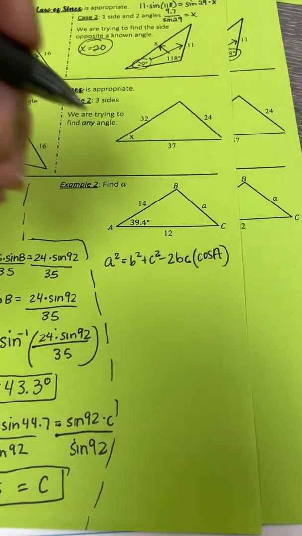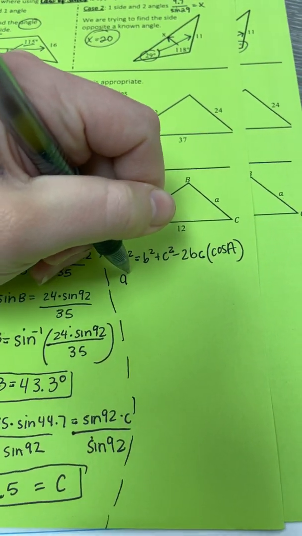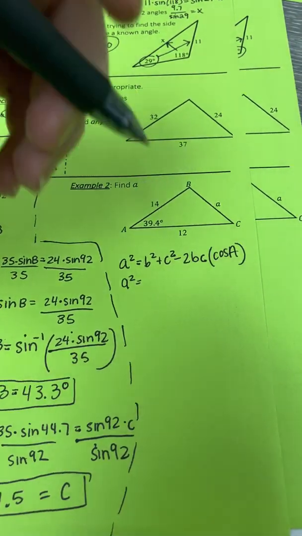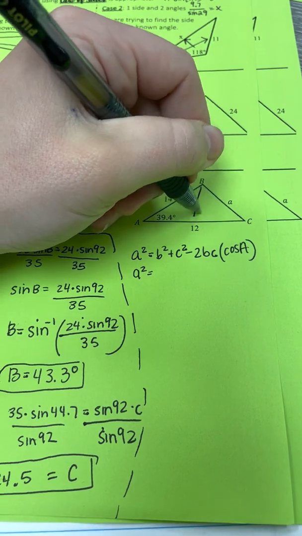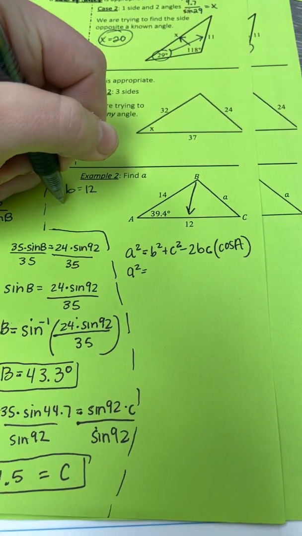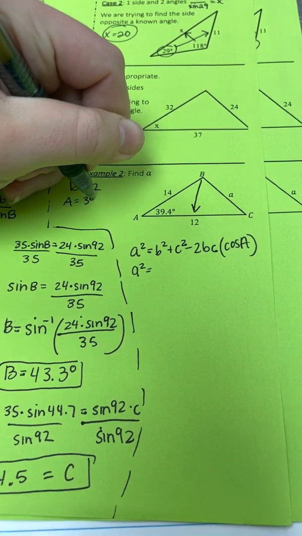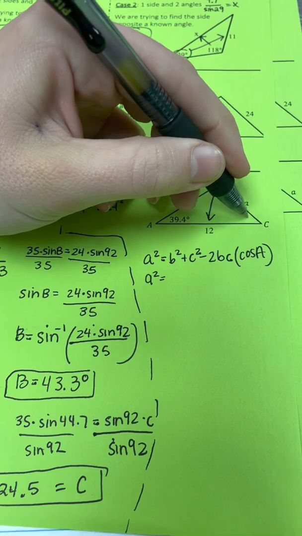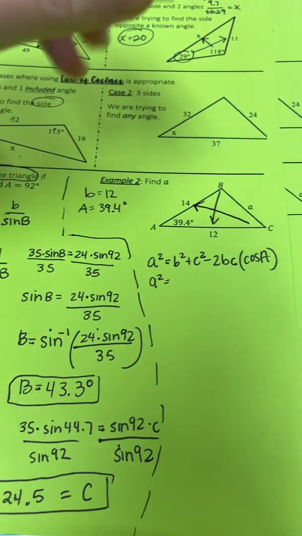All right, so a squared is equal to, let's see, this is our b. We can go ahead and write that. B is 12. A is 39.4. If it helps you to make a list, by all means. And c, or lowercase c, is going to be 14.